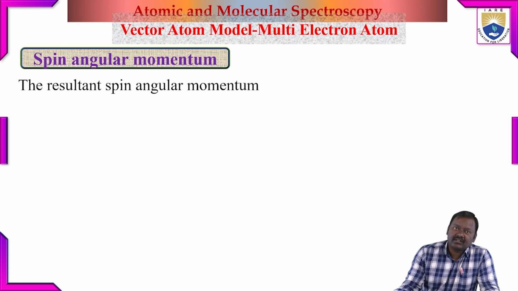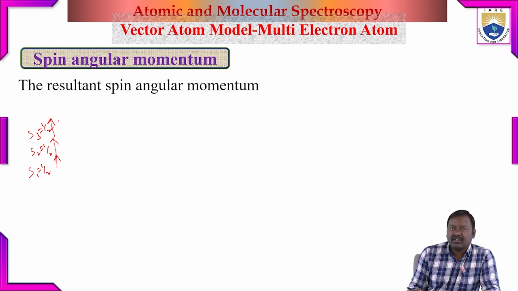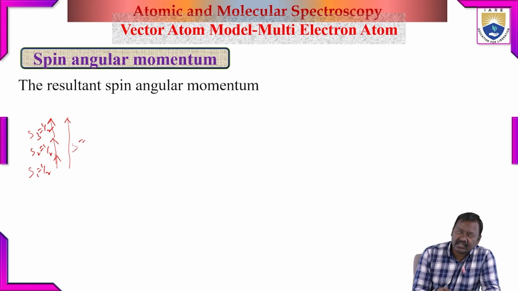If we consider three electrons, the spins could be parallel, S1 equal to 1 by 2, S2 equal to 1 by 2, and S3 equal to 1 by 2, then the total spin, that means resultant spin quantum number S equal to 3 by 2.